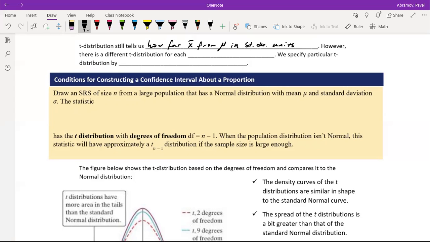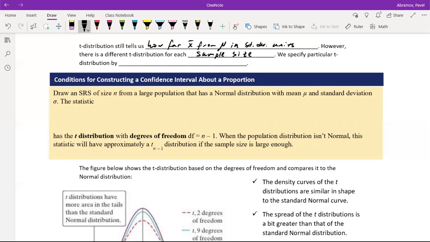However, there is a different t distribution for each sample size. So once again, remember that we're using the t distribution because we are using a sample standard deviation.